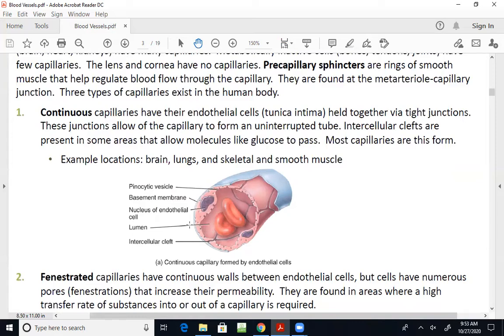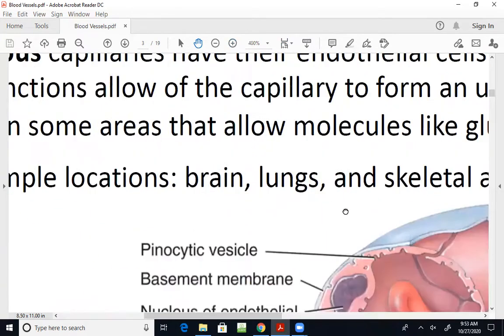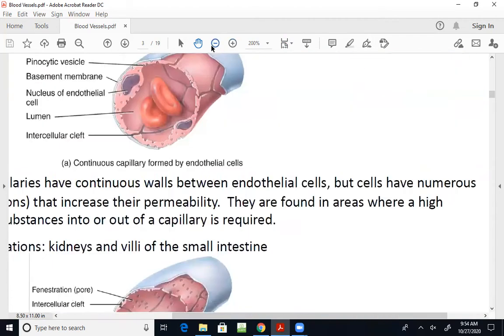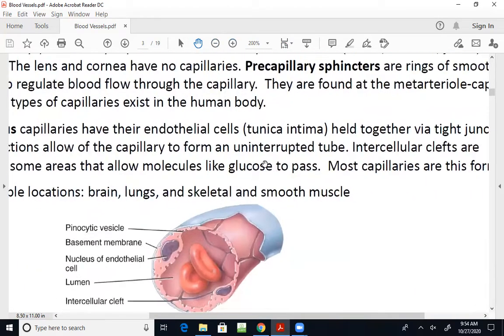Stuff will easily be able to diffuse through, depending on what the substance is, either into the blood or out of the blood. We also have what are called intercellular clefts, which are very, very fine cracks between the two cells where stuff can squeeze through, but not just anything. It takes something very small, like molecules of glucose.